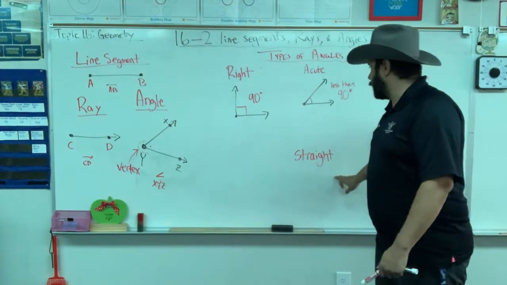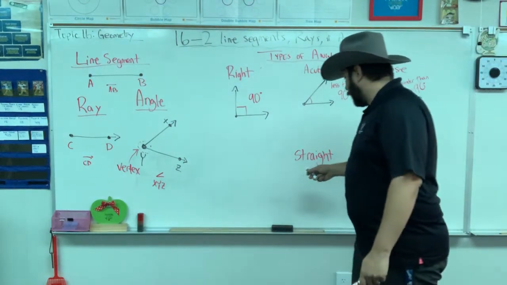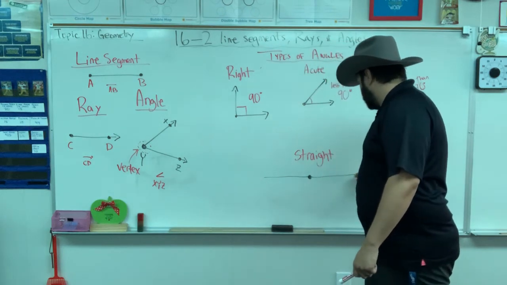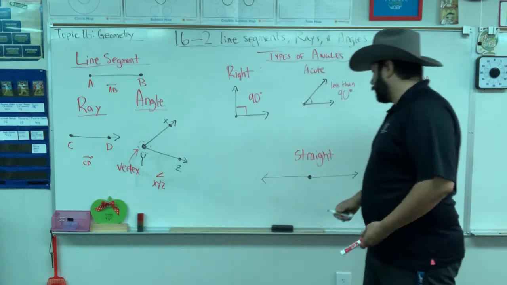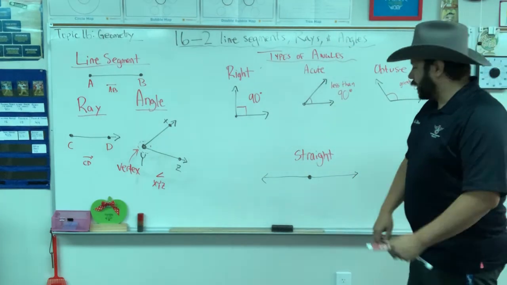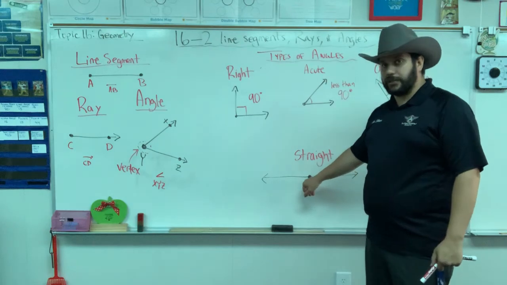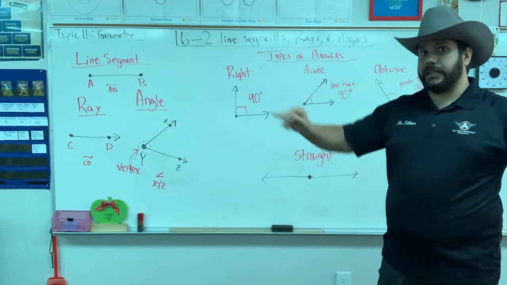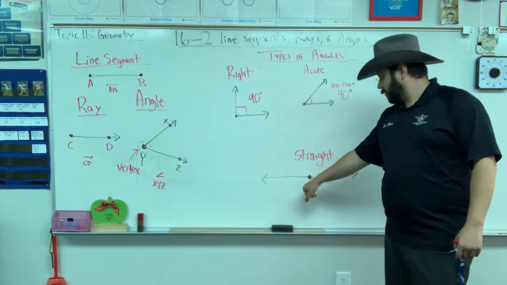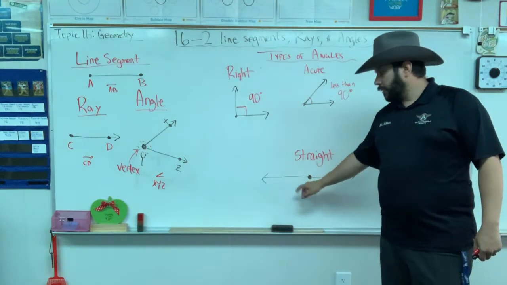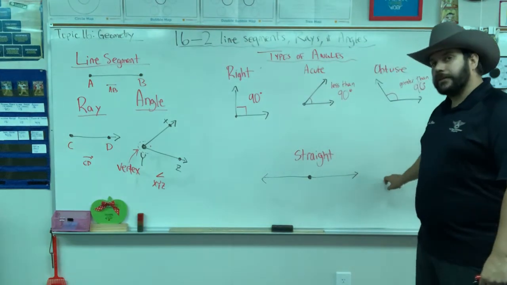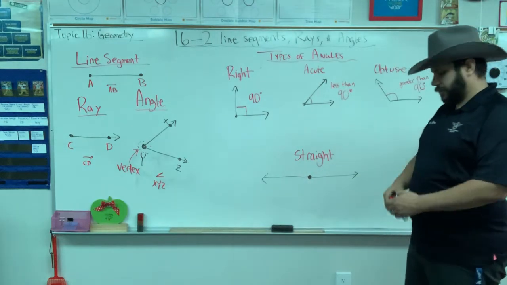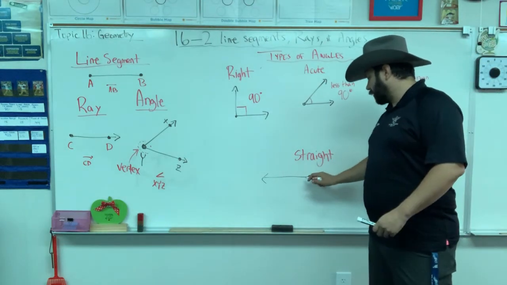And then lastly, they have what's called a straight angle. And that is exactly what it sounds like. Okay? Remember, in order to be an angle, it must be two rays joined at a single point. This isn't a line. Okay, a line is one that goes on infinitely. This is two separate rays joined at a vertex, and each individual ray goes infinitely. But there is no angle necessarily to it that you could see.